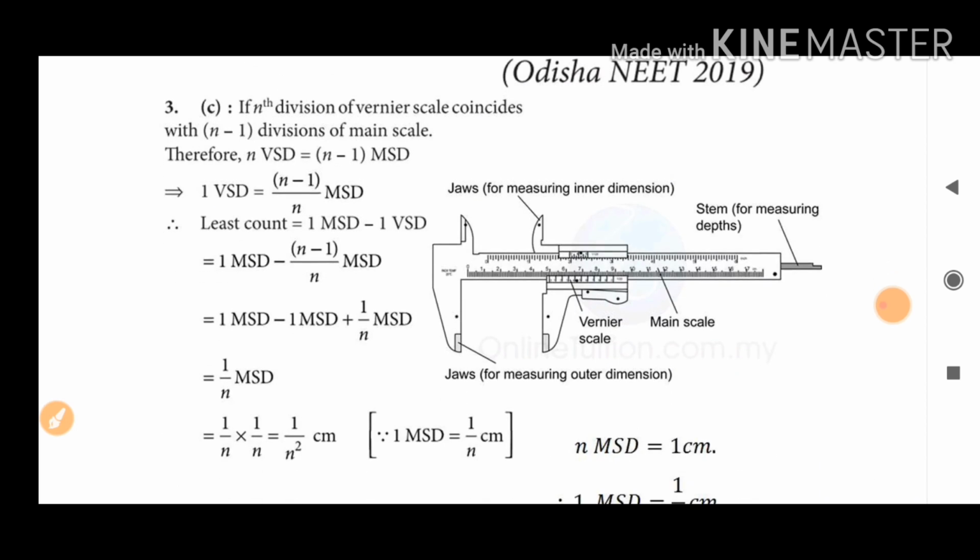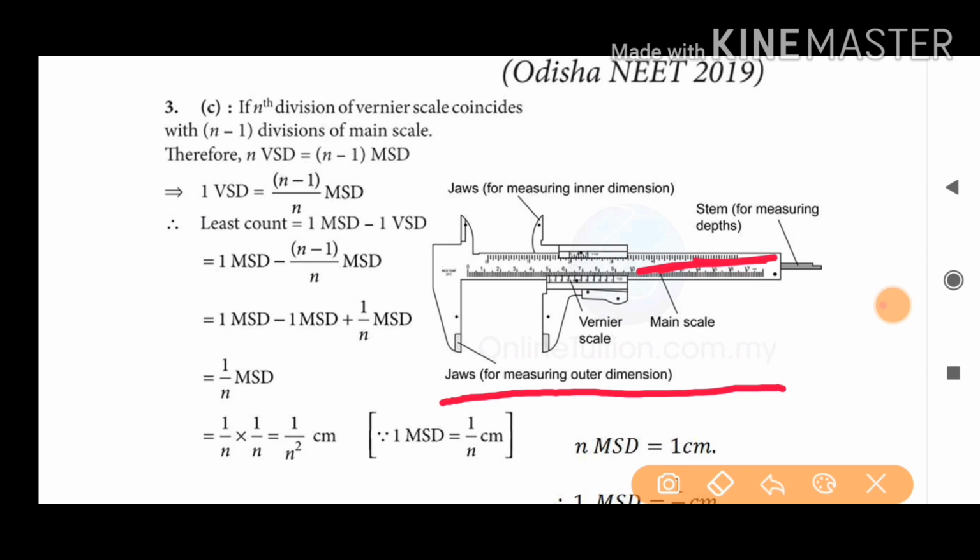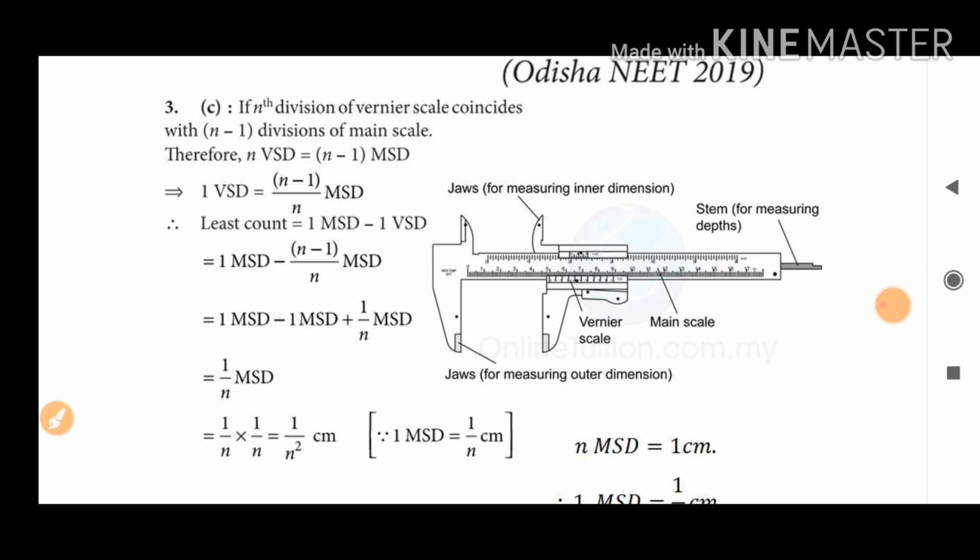Now vernier calipers look like this. This is the main scale, and this is the vernier scale.